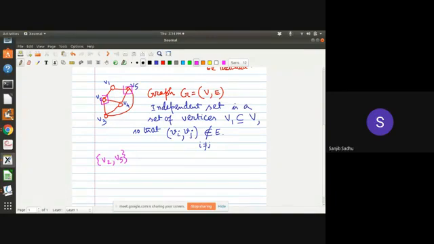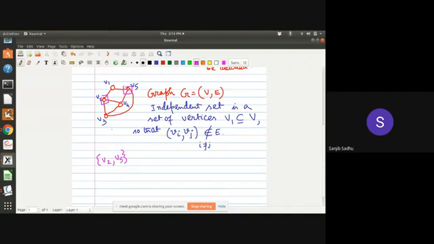Similarly, you may choose V1, V3 or V1, V4. Whatever be the case, the maximum size is 2. But there, I am not drawing.